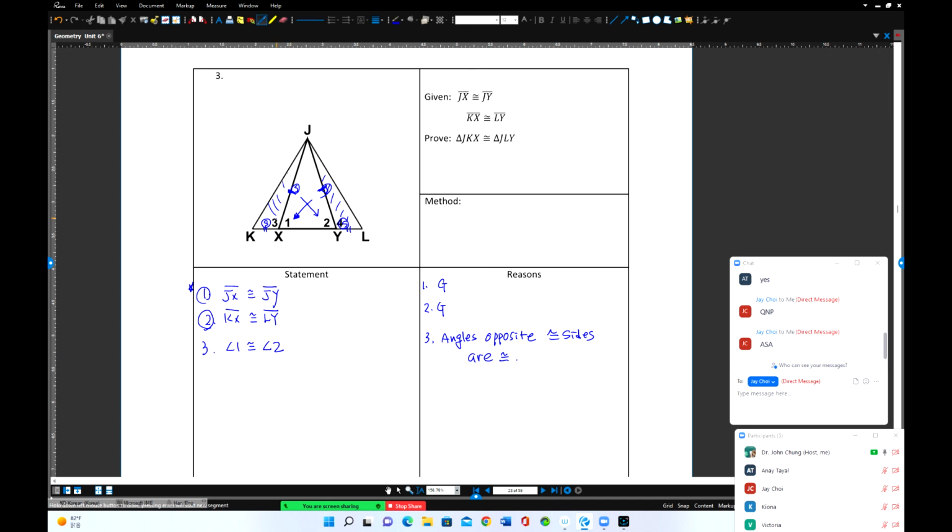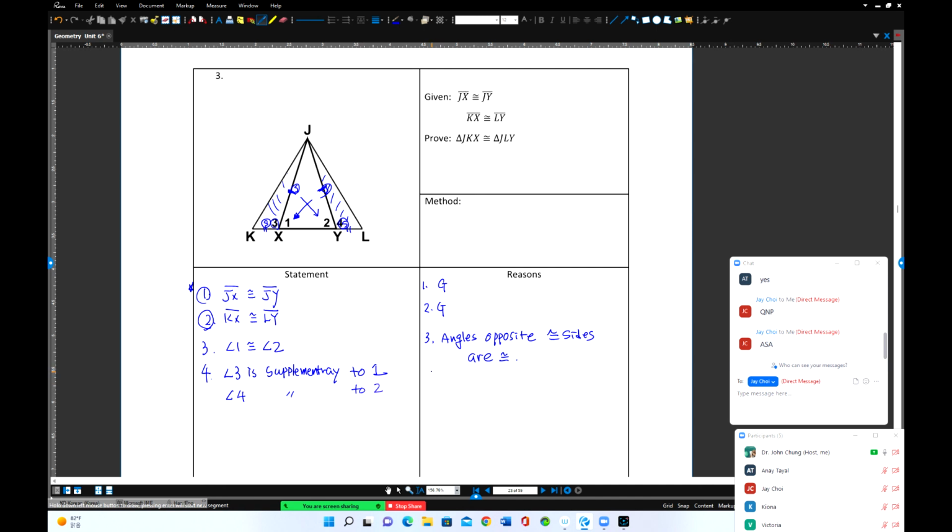But we need this angle, not 1 and 2. So we have to go the other way, supplementary angles. You can say angle 3 is supplementary to angle 1, and angle 4 is supplementary to angle 2.